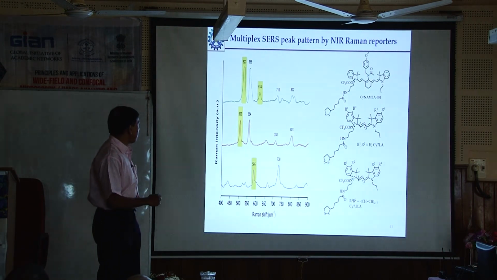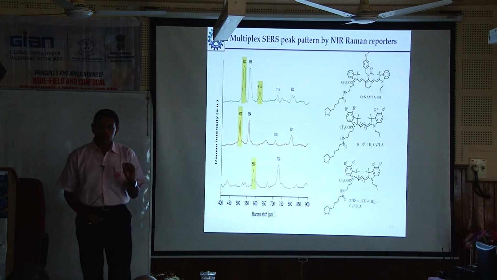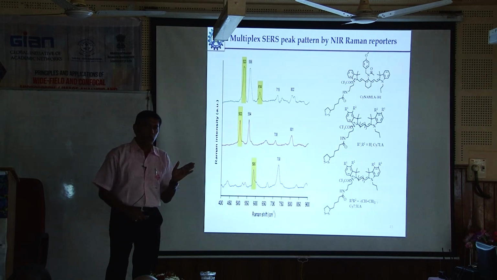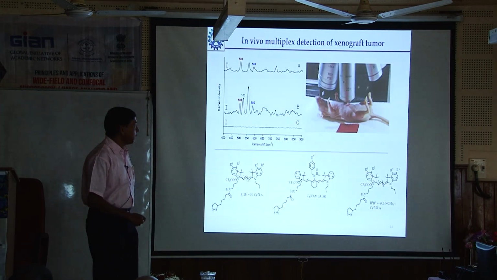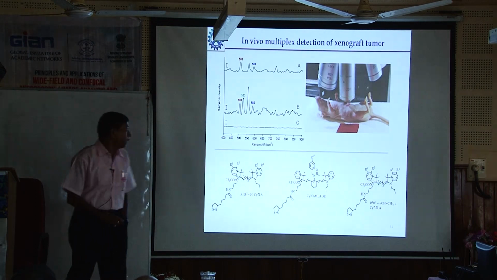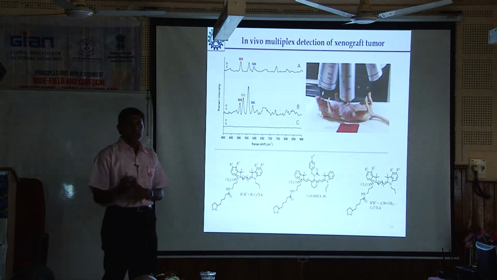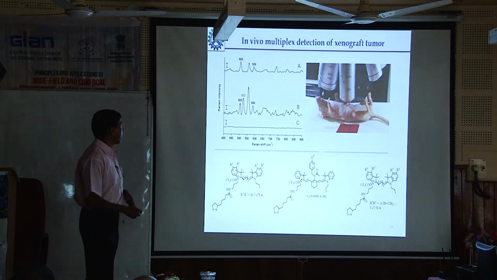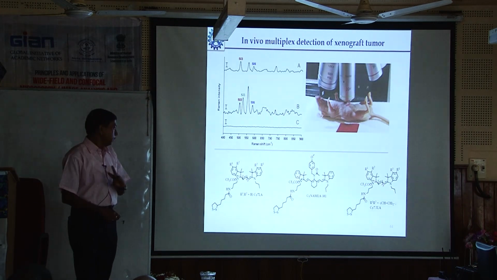That can be utilized for particular antibodies or targeting molecules. We have done multiplexing studies even in animals, where 2 different antibodies or 2 same antibodies can be combined, and the peaks can be correlated with these 3 tags.